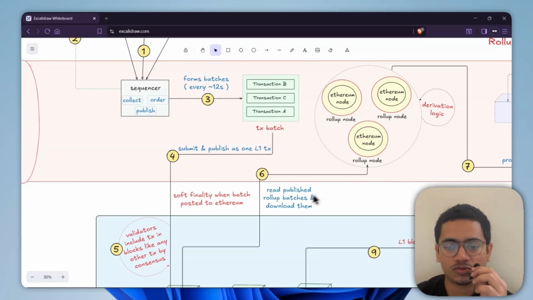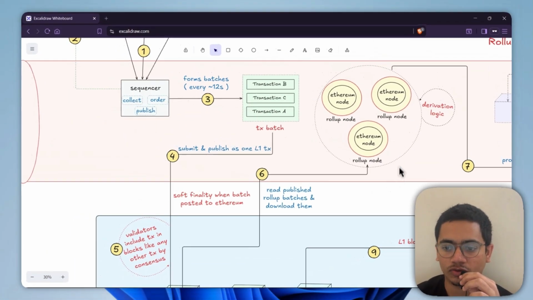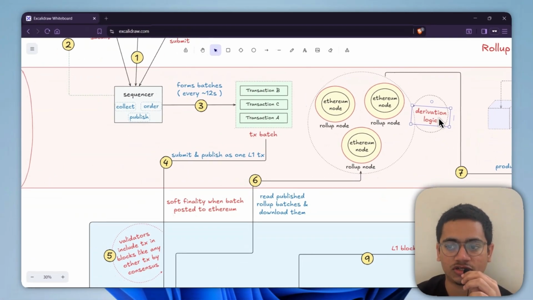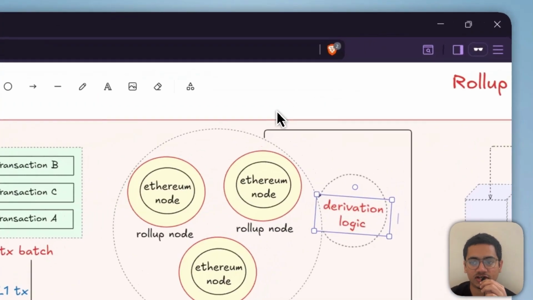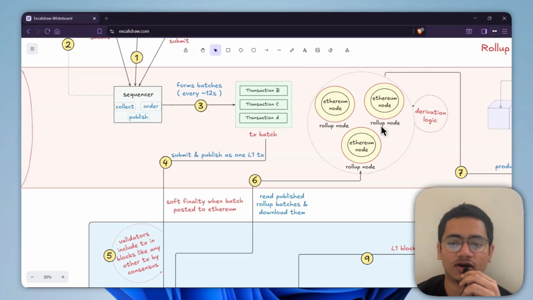In step 6, what happens is the rollup nodes read the rollup batches and download them. Now, how do they download that? They use something called derivation logic. Derivation logic is a set of rules through which the rollup nodes retrieve the batch data, download it, and play the transactions locally.